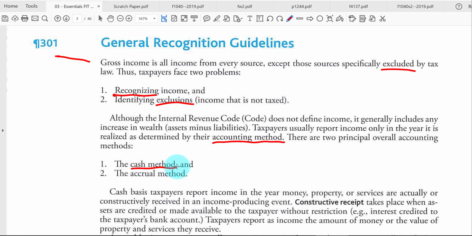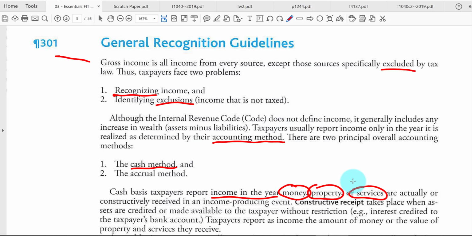For cash basis taxpayers, they're going to report income in the year they collect money, or if not money, some type of asset or property, or if not something physical, maybe they get a service from somebody else. When you get this benefit from somebody else, that's the year in which you're going to report the income.